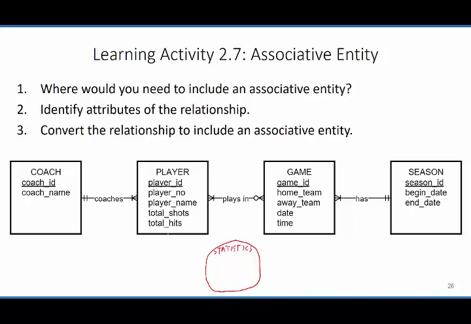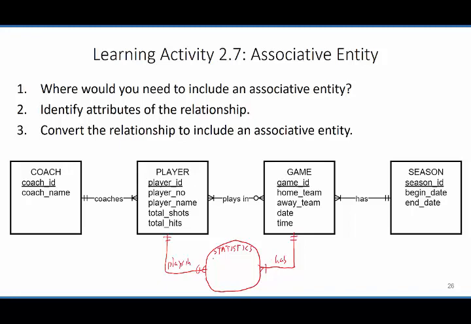So we're going to say that a player has zero-to-many statistics, and a game has one-to-many statistics. Then we're going to have the mandatory ones on the outside, and then we give these a name. So a player plays in a game, and then a game has many players.